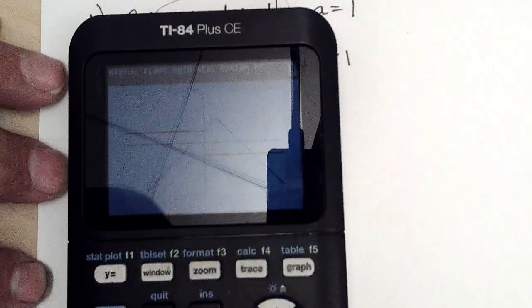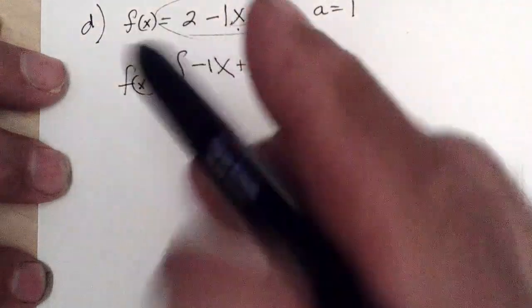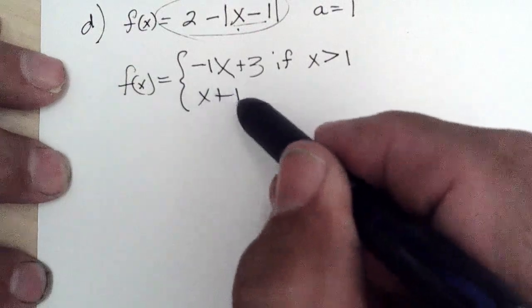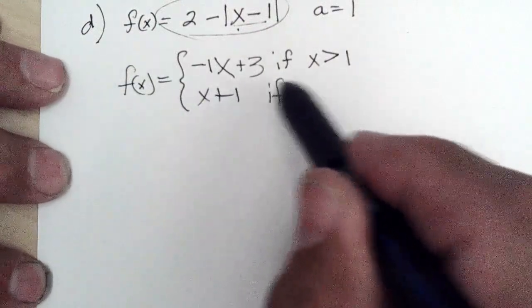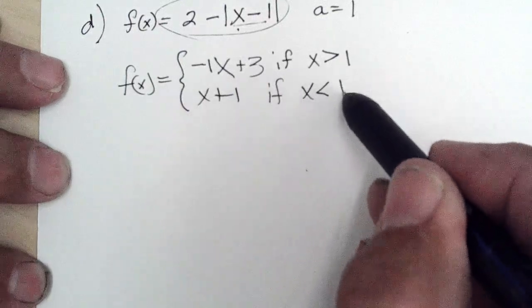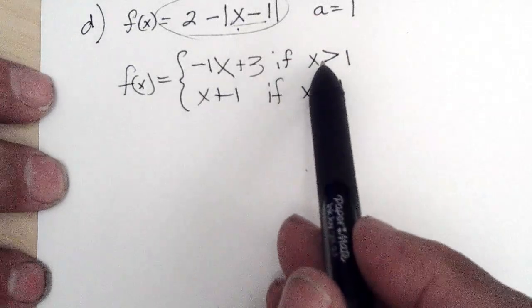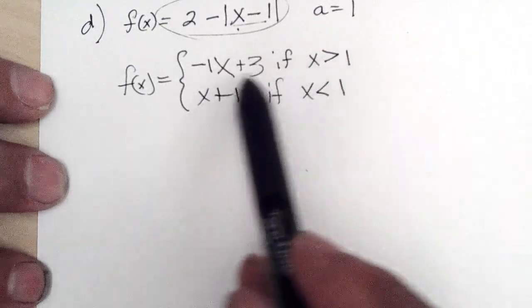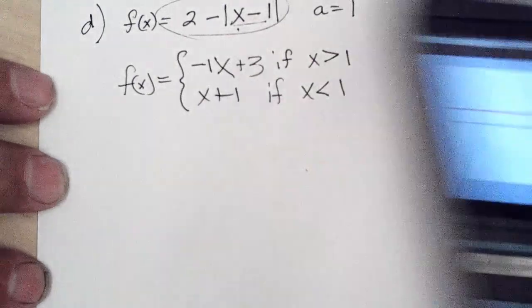And the other equation has a plus 1 slope going through 1, if x is less than 1. We'd have to use this for all of those x's and this for all the other ones. This one will give us a minus 1 slope.